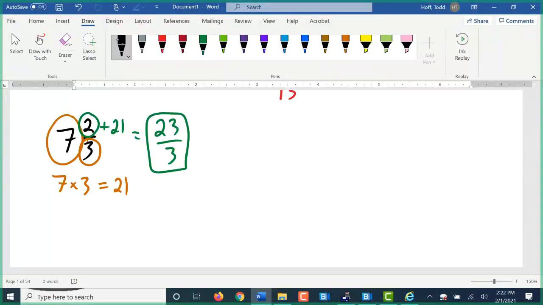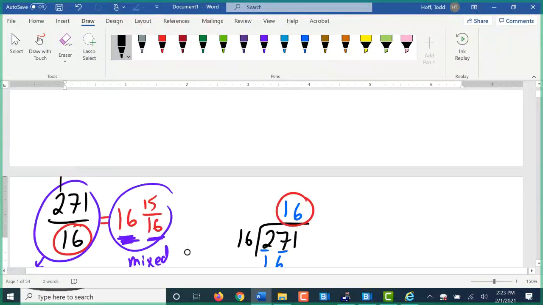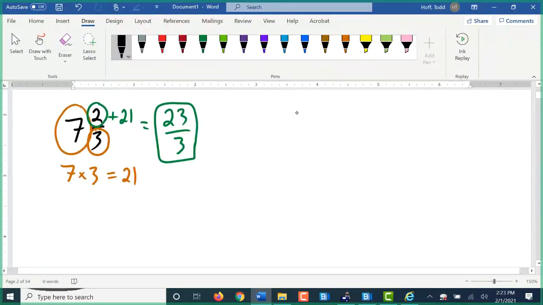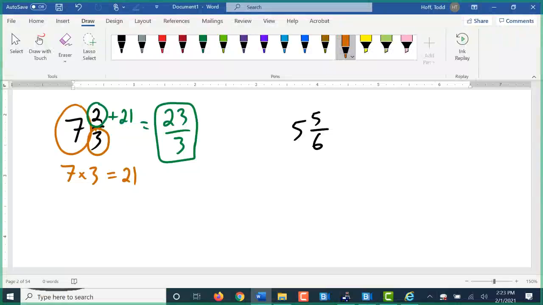We were taught to do whole number times the denominator plus numerator. That's because you're splitting those whole objects back into pieces. We might have 5 and 5 sixths. So we've got to take the 5 whole objects into pieces, so it's going to be 5 times 6, which is 30.